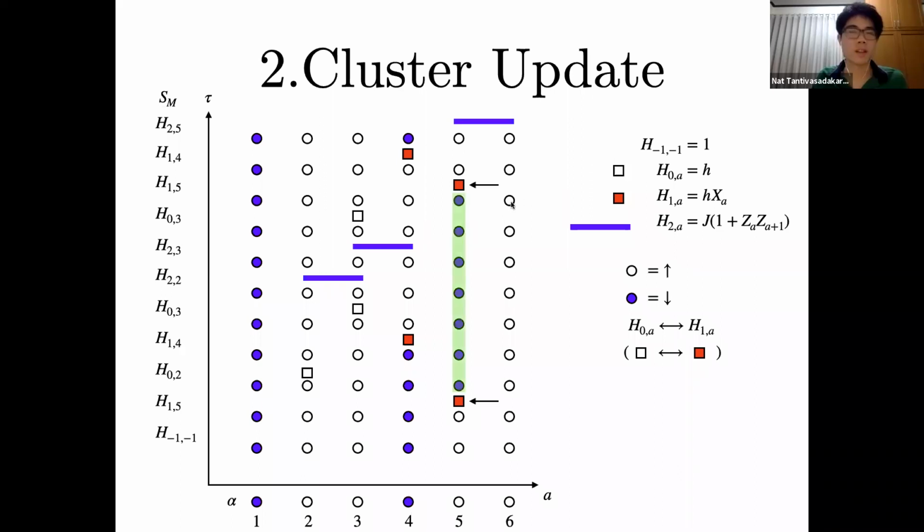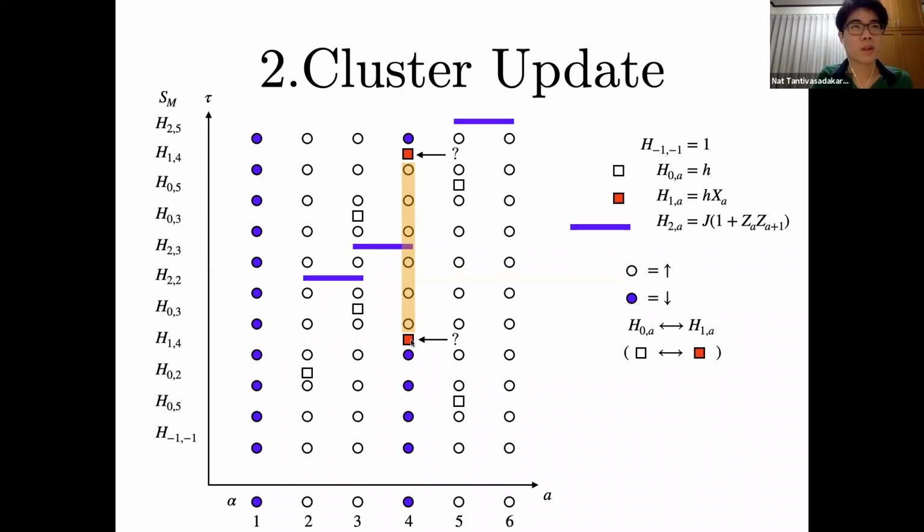So I can label all the spins I have to also flip in the configuration here. And then when I do the update, I remove two of them at the same time. Okay, so I can go between H identity and HX.